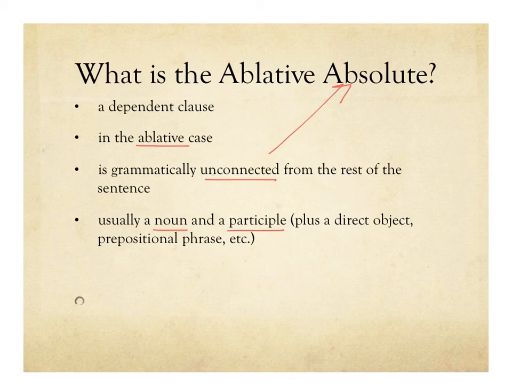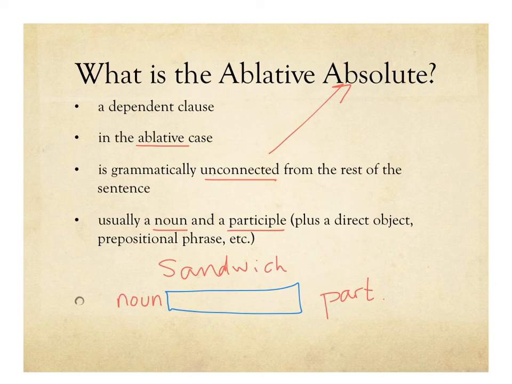Usually what we'll see is a sandwich, so that we would have, for example, our noun in the ablative, and then our participle in the ablative, and in the middle we might have our prepositional phrase, or a direct object or whatever, so that we know that that whole thing goes together.